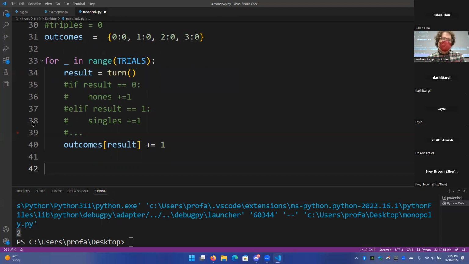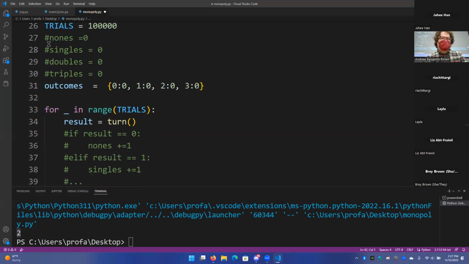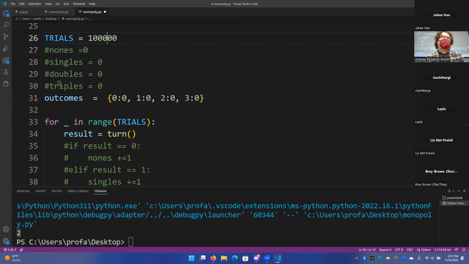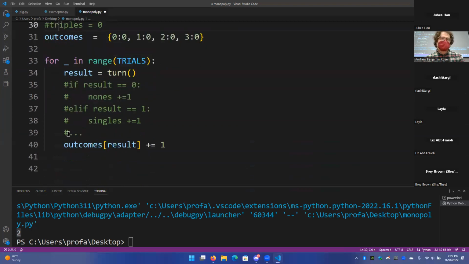Now the last part is we want to figure out how often we saw each of these. So if we were just using the variables, we would just simply print out nones divided by the trials, singles divided by the trials, doubles divided by the trials, and triples divided by the trials to figure out the percentage.